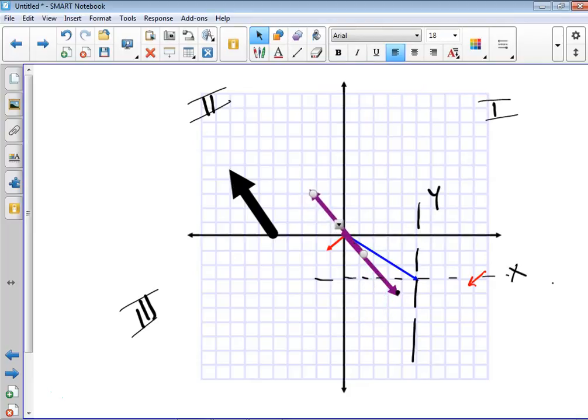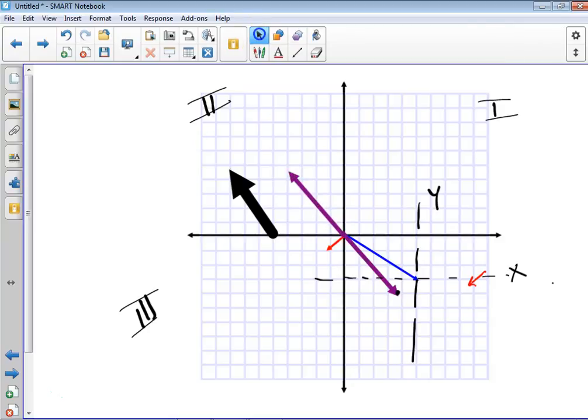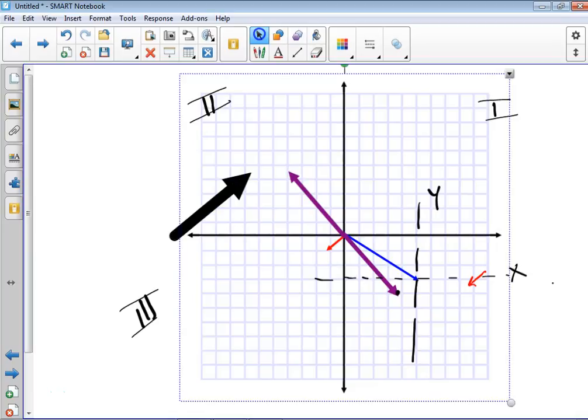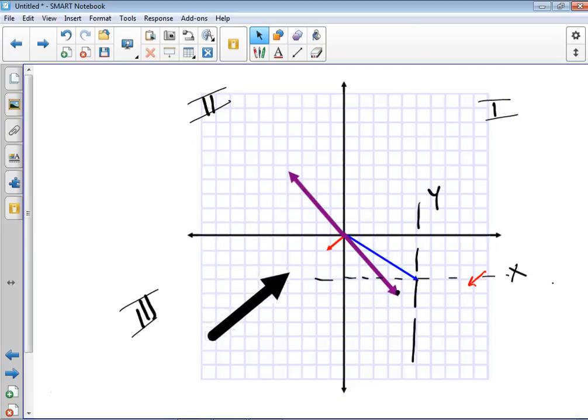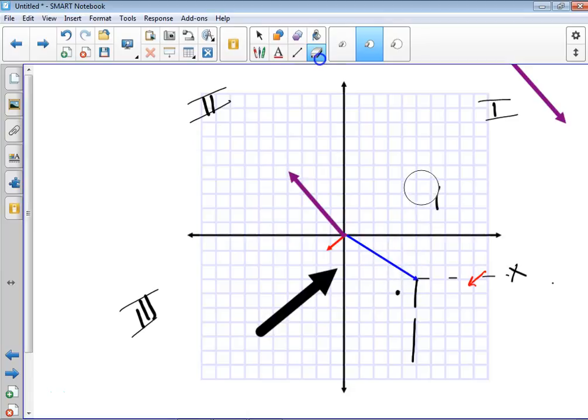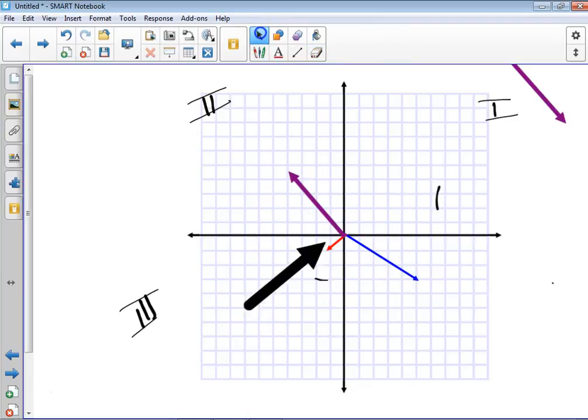I want something in the exact opposite direction, same length, pointed in the exact opposite direction, like so. That's my guy. That's the vector I want. This vector here will cancel the red and the blue. In fact, I'll remove this other one, get rid of some of the scribble, and point out that when you add all these three vectors, you will get 0. They will all cancel out. And so we're going to figure out this one.